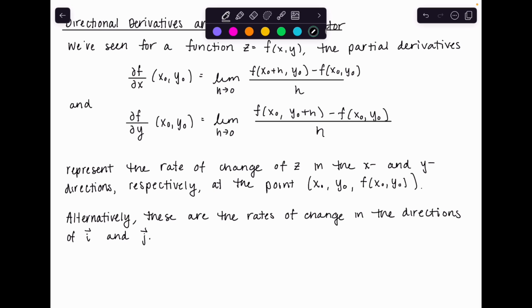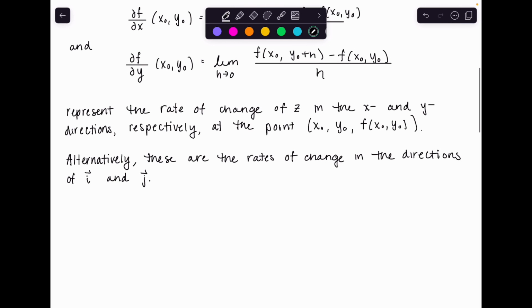So what I want to do now is, instead of looking at the i and j vectors, consider any unit vector, and unit is important here.